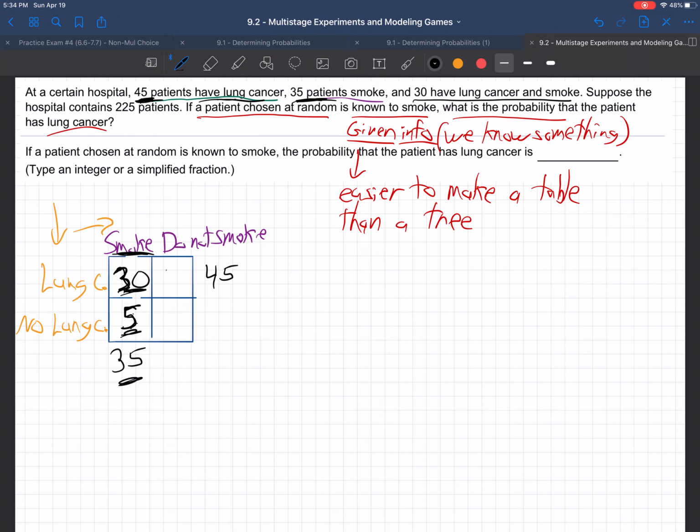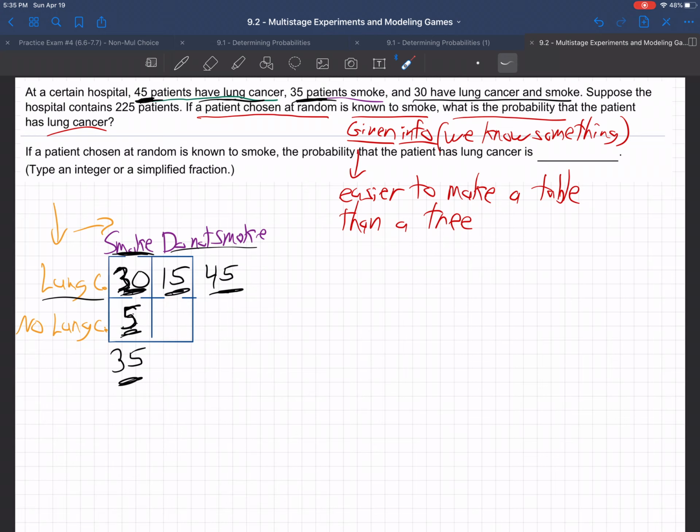And what number goes here? 30 plus what is 45? It's got to be 15. So among the lung cancer patients, 30 smoked and 15 did not smoke, making 45 total lung cancer patients. See how that's correct?